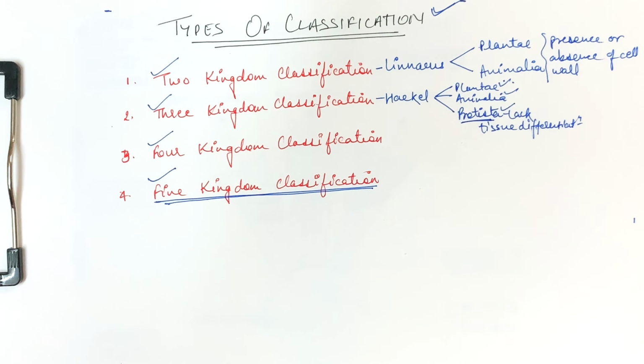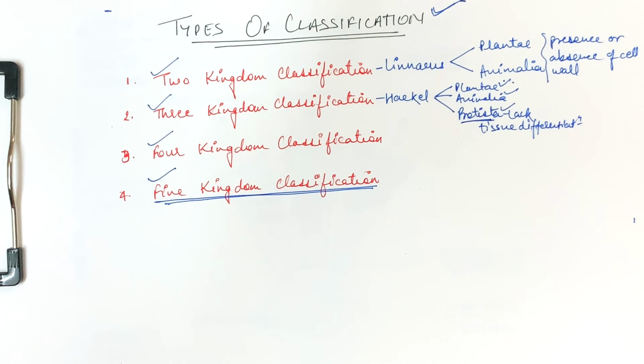Okay. Next is 4 kingdom classification. This 4 kingdom classification was given by Copeland. What he did is he classified it into 4 different kingdoms. So Protista is there, plant is there, and animals are there. He added one more kingdom.